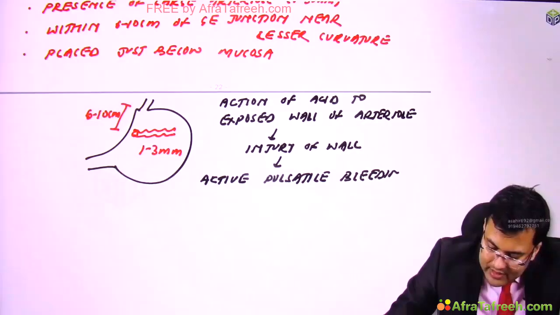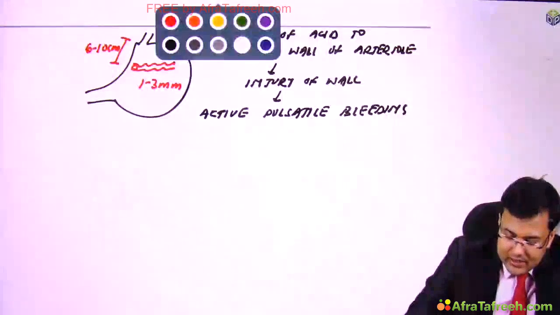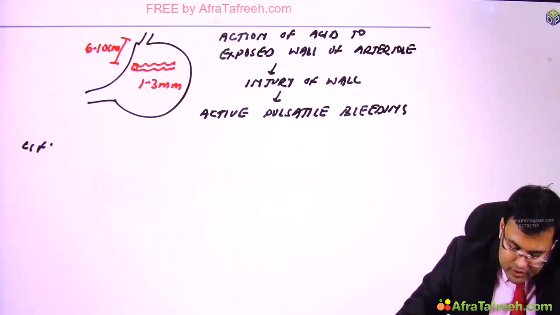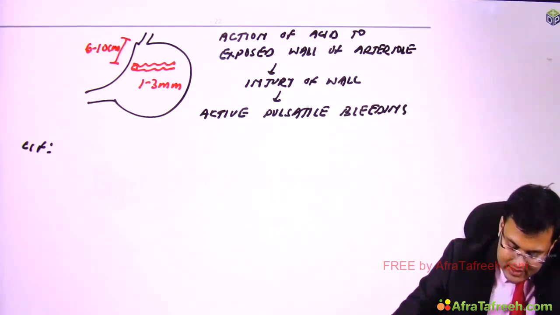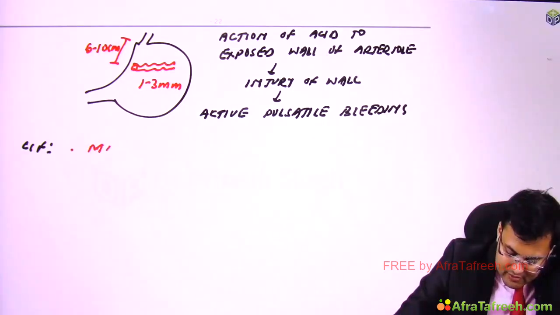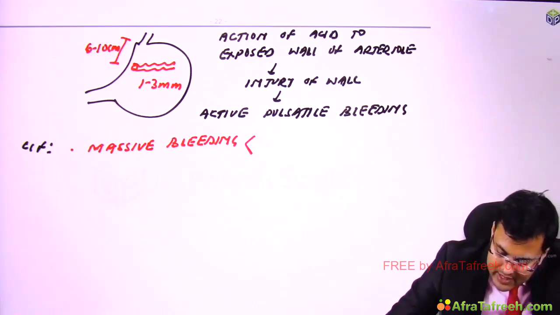Clear? Now, what is the presentation here? See the clinical features. In these cases, there is massive bleeding, and because of this massive bleeding, what is the problem? One, there is hematemesis.